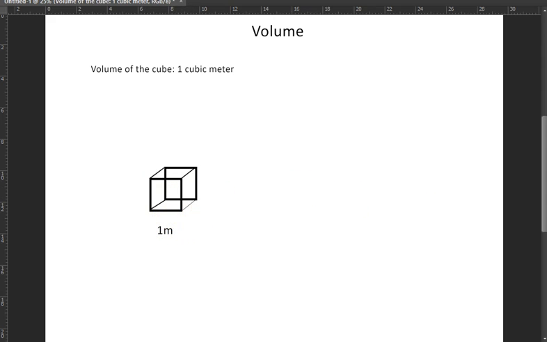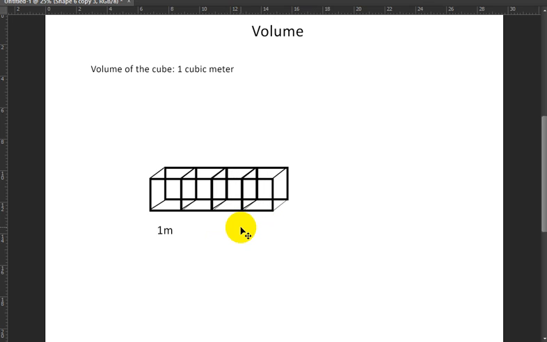Now, what happens if, let's say, we have another one right next to our first one, and another one, and another one? Well, in that case, as you can imagine, that's 1, 2, 3, 4 cubic meters, right? So I would say that this shape has 4 cubic meters.